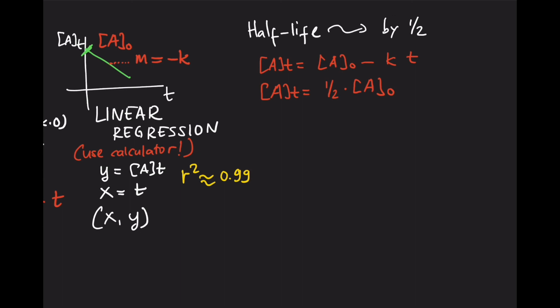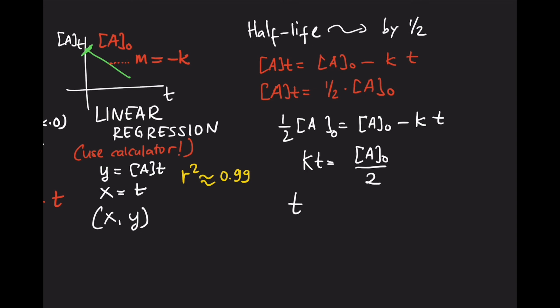So now let's try to solve this problem. If we have half A0 is equal to A0 minus kt, in this case, what we will have is kt is equal to A0 over 2.